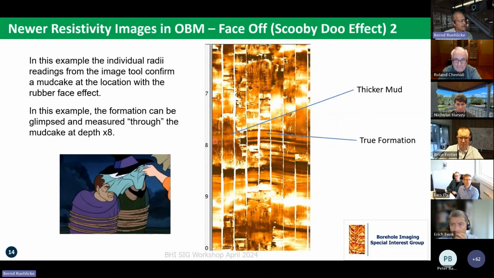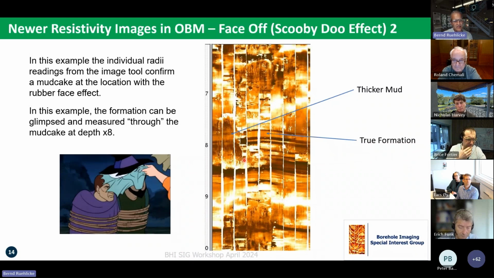You can see it here coming through as well as here. And in addition, these modern tools have individual radii for each arm, and indeed exactly at this depth, the reading of this pad is smaller. So this is very much a proof of mud cake in an oil-based mud image, which is for me a super cool example.